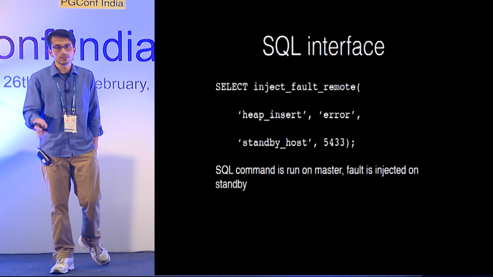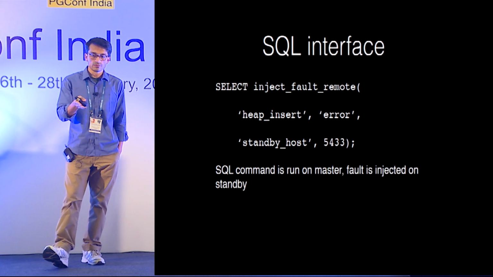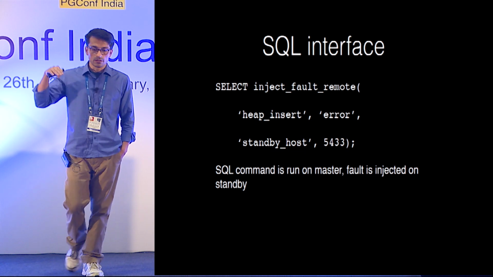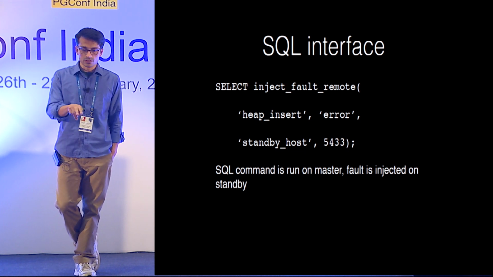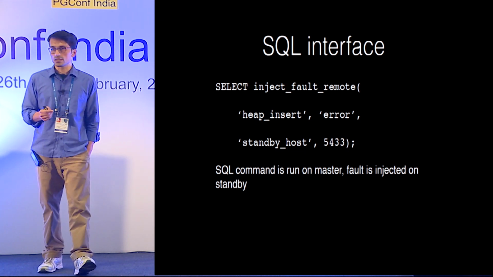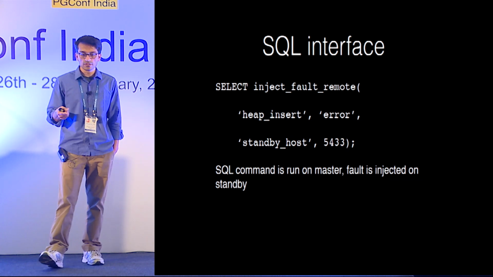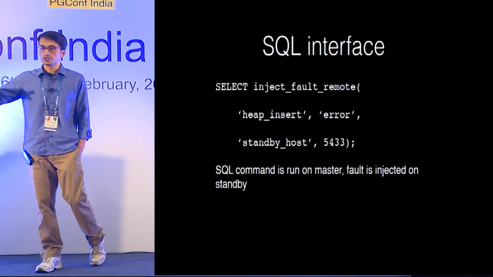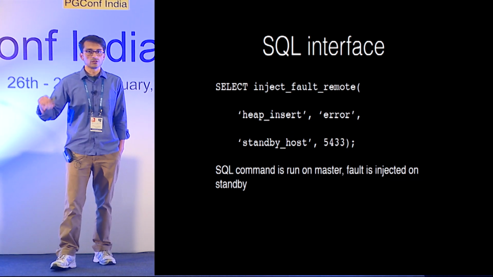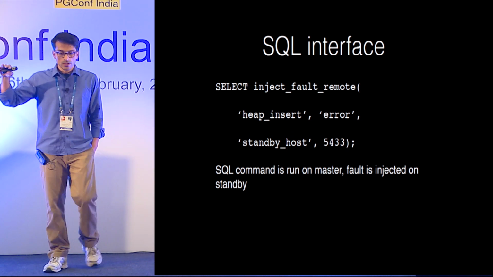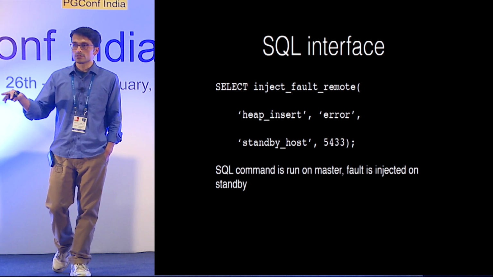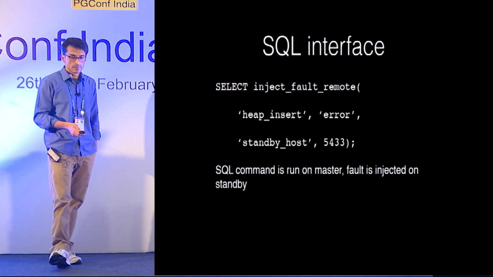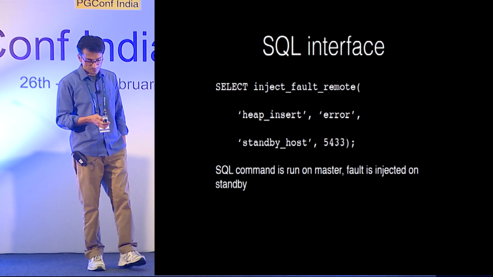Standby is read only, but you could define a different fault and inject it on the standby using this standby host and standby port. What internally happens is this function would establish another libpq connection and enable this fault on the standby. So the standby shared memory will have the fault enabled, and it will be triggered on the standby.